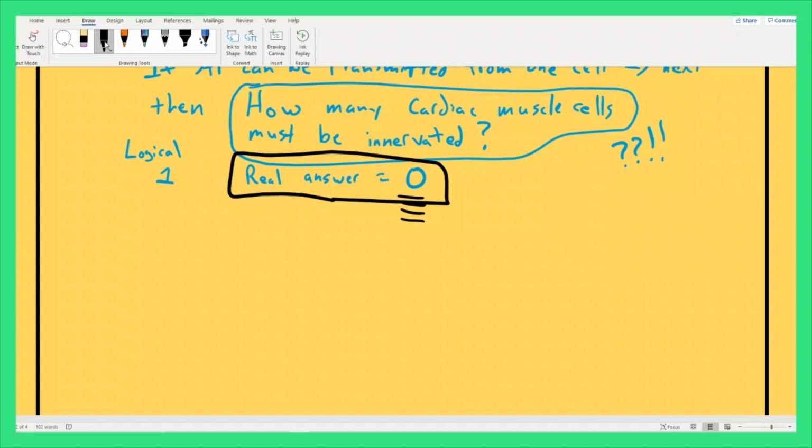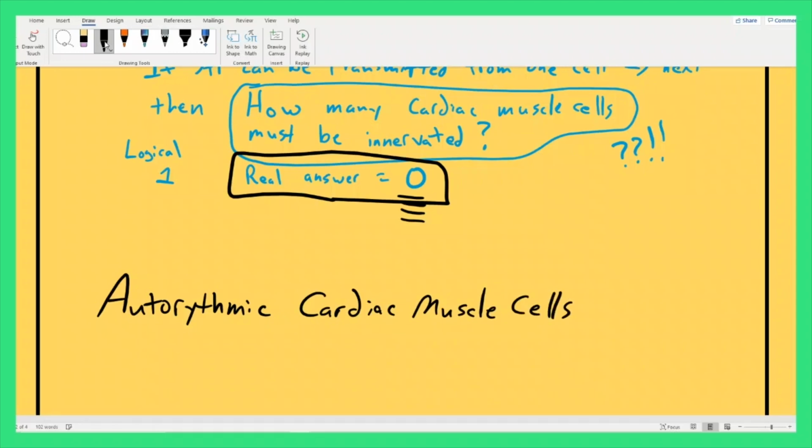Well, that brings us to the idea of what we call autorhythmic cardiac muscle cells. They have their own rhythm. So let's put this in our notes.